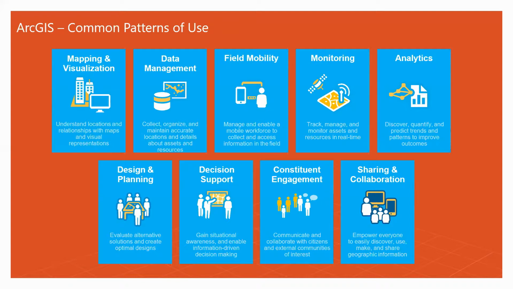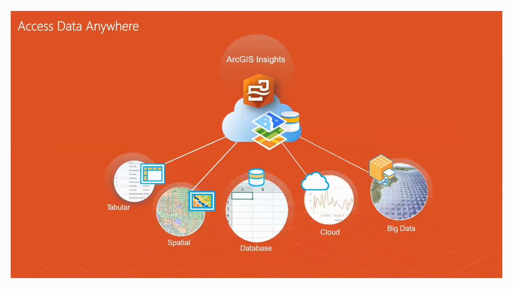Once you propose, it is up to the decision makers how they see the data and what kind of decisions they would like to take. And then you can go ahead with constituent engagement, and you can share the data and collaborate with other groups or other users.